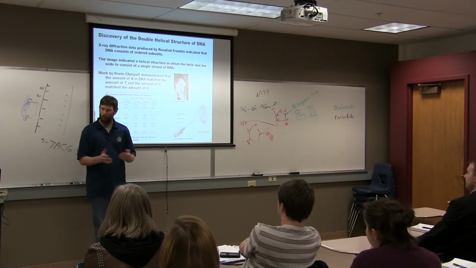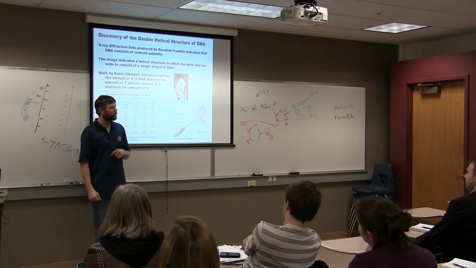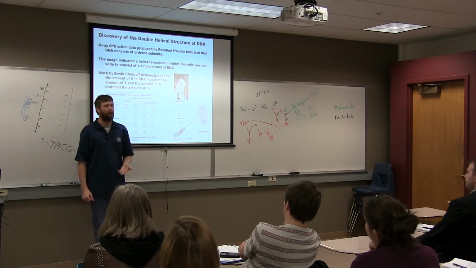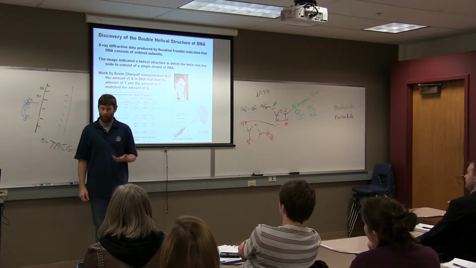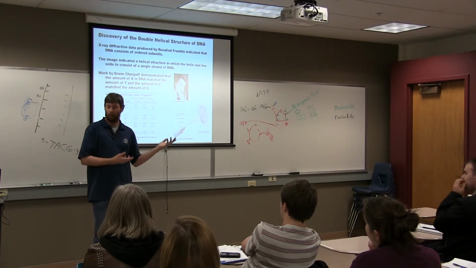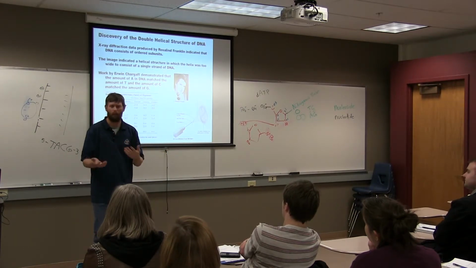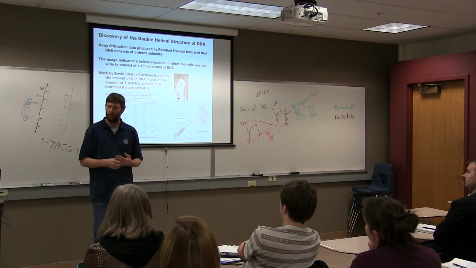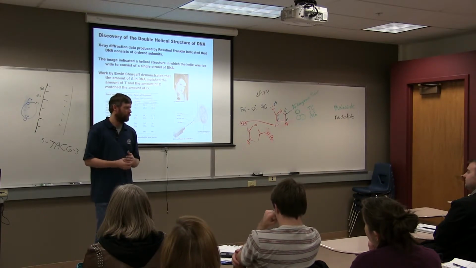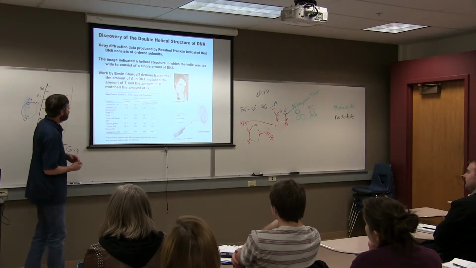They acknowledged the importance of her data, but she wasn't an author on their paper. And if you're going to win the Nobel Prize, you need to be alive. It's not awarded to dead people. I think she was not around when the Nobel Prize was awarded. My guess is if she was around, she might have been awarded. It was a different time in the role of male and female in this country, in general in society, so I don't know if that would have impacted this or not.